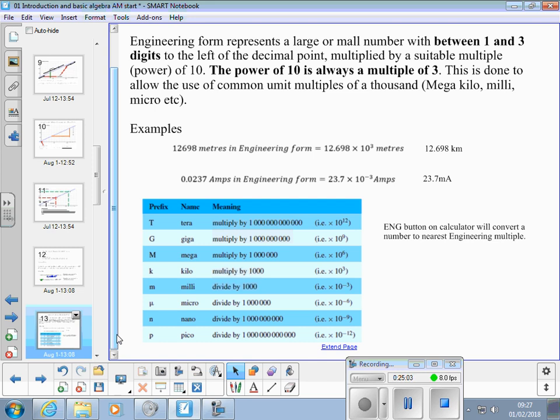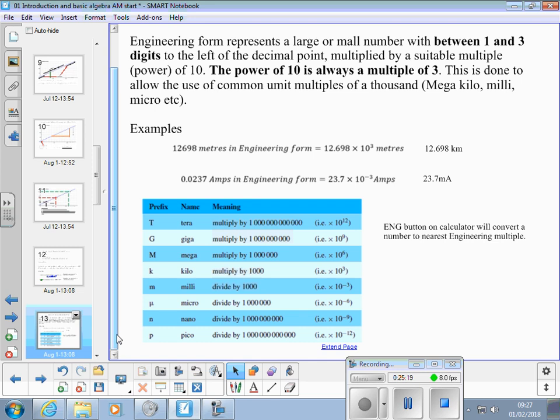If you've got the Casio calculators, and most people who come here do, there's an ENG button on the calculator which will convert a number in standard form to the nearest engineering form.